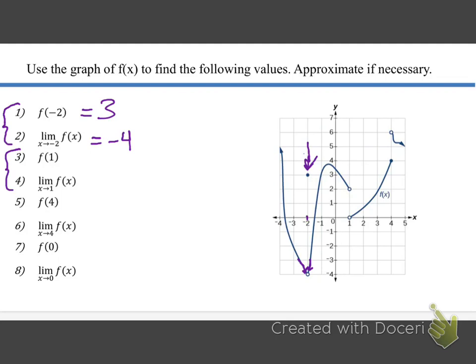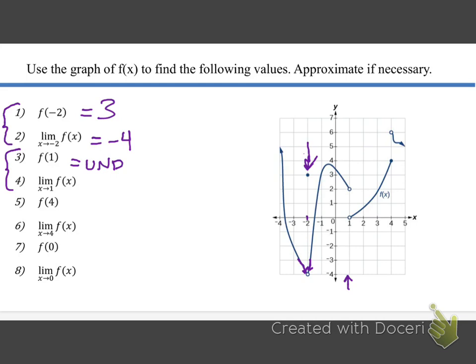Questions 3 and 4 are regarding the x value of x equals 1 right here. So number 3 is saying, what is f of 1? If you look there, it's got 2 open circles for both sides of the function. So we would say that this is undefined, or you could say does not exist. That's usually a term we use for limits specifically. Undefined is something you hopefully are familiar with.